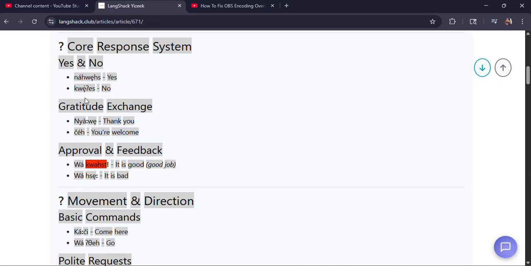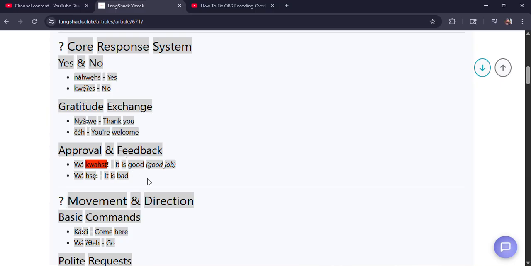I'm going to say it's bad and you respond quintess. Wahsire. Quintess. Now you say it's bad and I'll respond quintess.